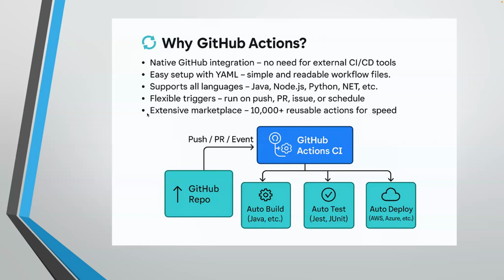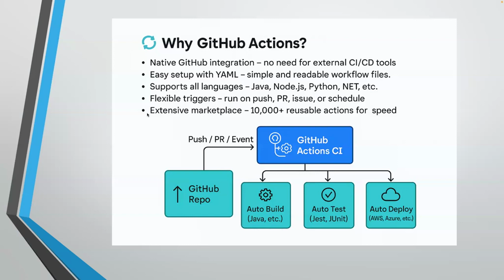For example, whenever a developer commits the code, that is actually a push action, right? So you can configure your CI/CD workflow to be triggered based on that push event. Similarly, let's say that a development team is creating a PR. You can also implement your CI/CD workflow based on this event as well.